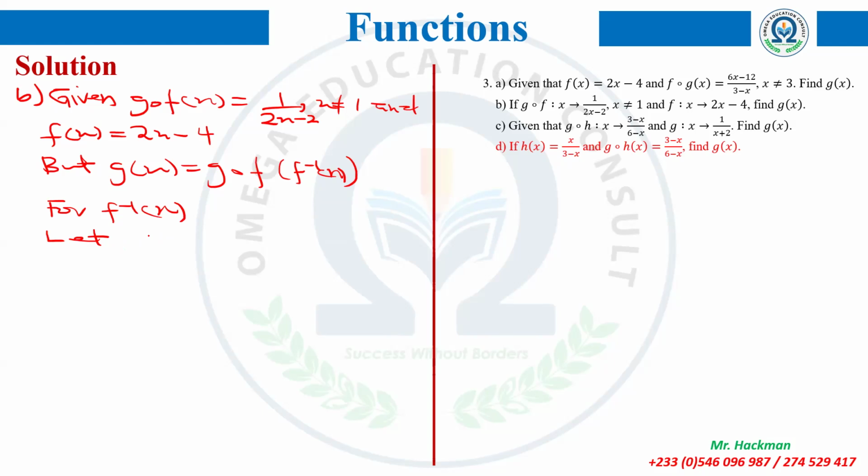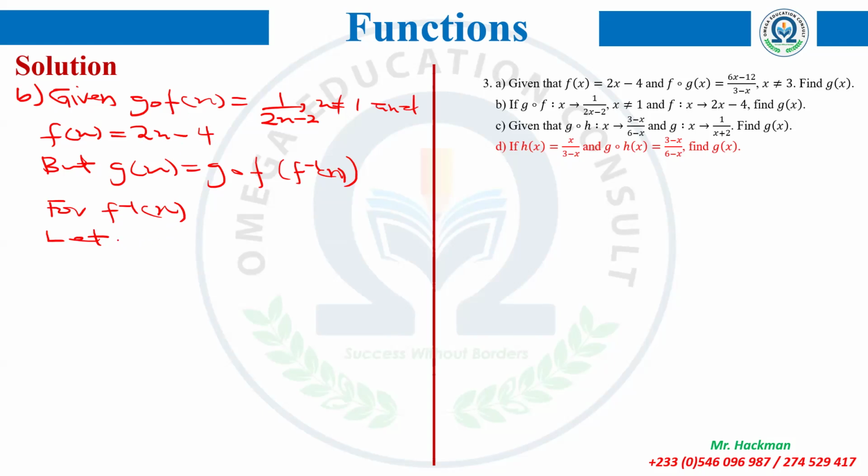The inverse will be x plus 4 over 2. Take notes. Change the sign between them. Divide by the coefficients. As simple as that.